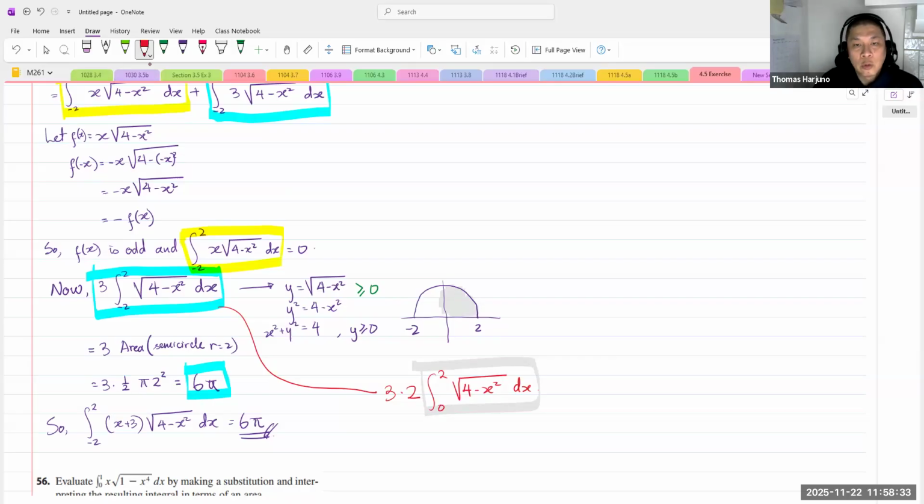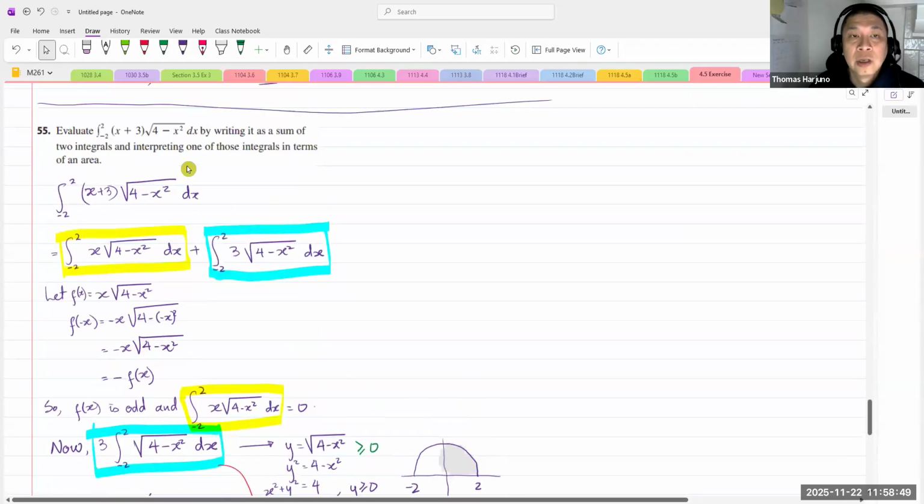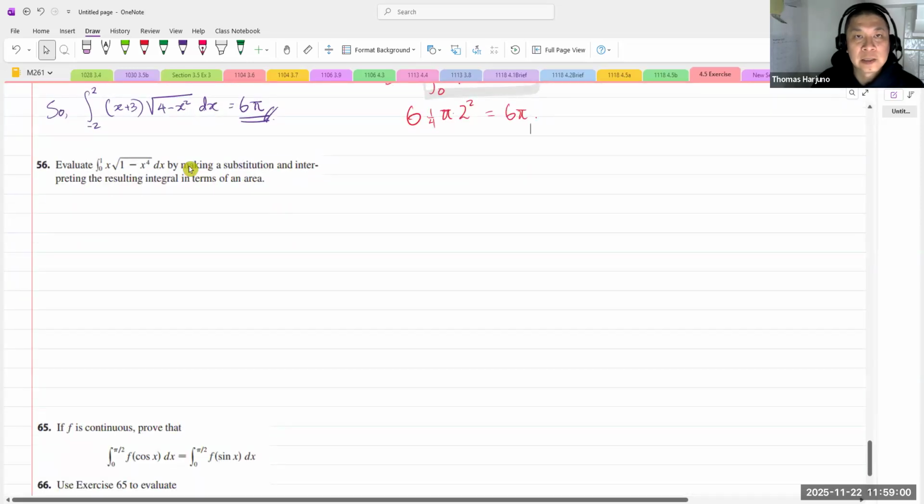Okay, so that will be 6 times 1/4 of pi r squared. The 2 squared cancels the 1/4, we still get 6 pi. Okay, I hope from this question you see the elegance of how we do the problem using all the theory we have. Okay, last one, number 56.